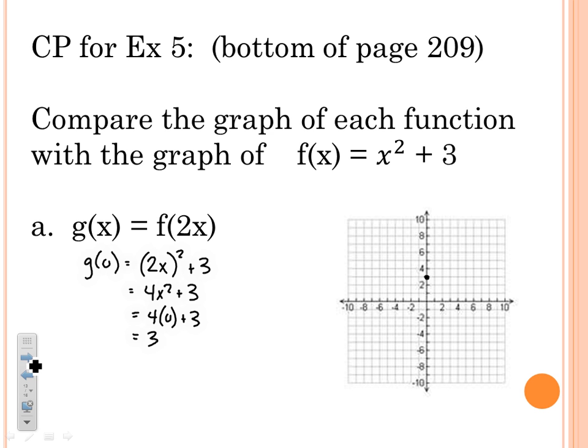How about g of 1? So now we're going to have 2 times 1, squared, plus 3. So 4 plus 3, which is 7. So (1, 7) is a point.